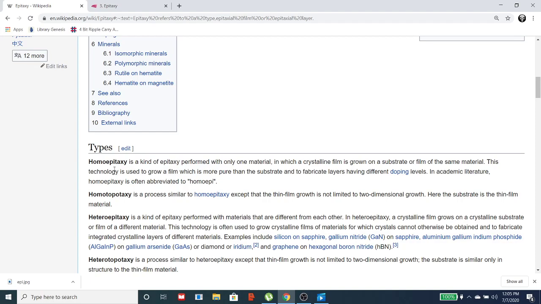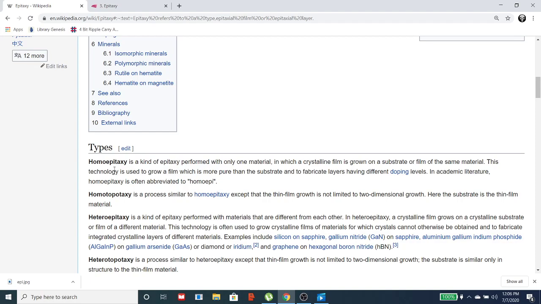In liquid phase epitaxy, we pass a liquid over the substrate, and the liquid gets dried on the substrate, forming a layer. A liquid layer which has dried on the substrate is known as liquid phase epitaxy.